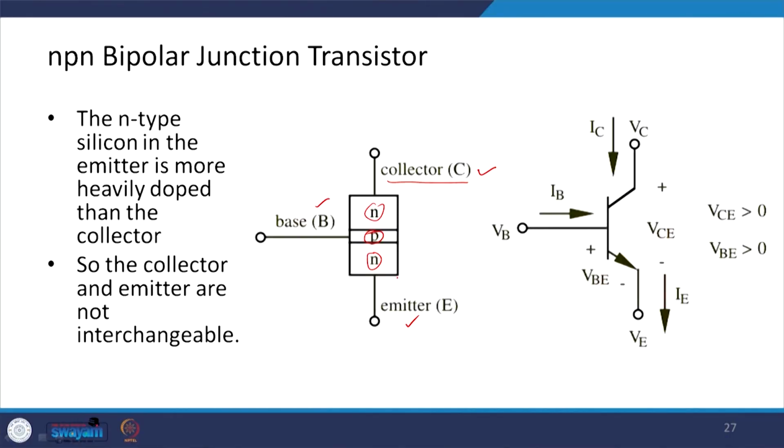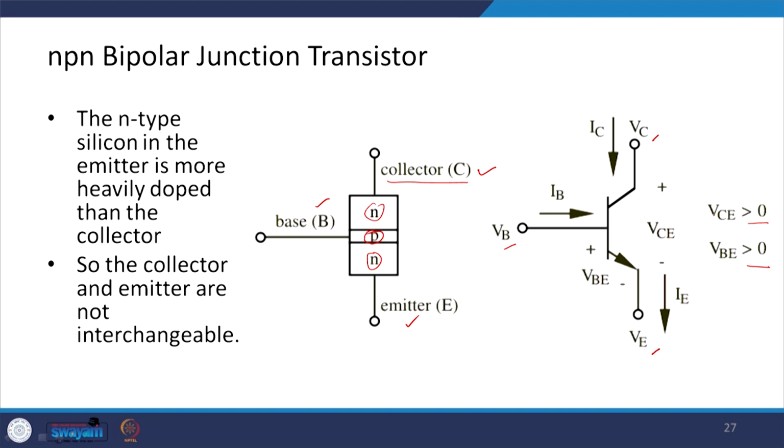Here is the representation for this NPN transistor. We can see that the base voltage VB is shown here, emitter voltage is shown here, collector voltage is shown here. It also shows the direction of current through the base, through the collector, and through the emitter, where the emitter current is the summation of base and collector current. We can see that VCE is greater than 0 and VBE is greater than 0.